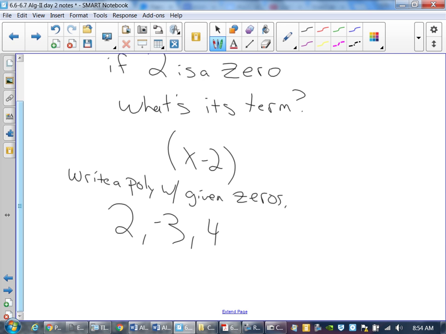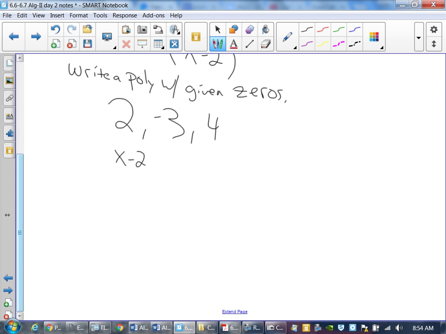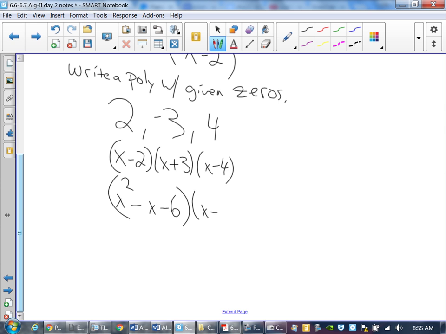So what are your 3 terms? X minus 2, x plus 3, x minus 4. And then what do you think you do? FOIL. That's it. We get x squared minus x minus 6 times x minus 4.